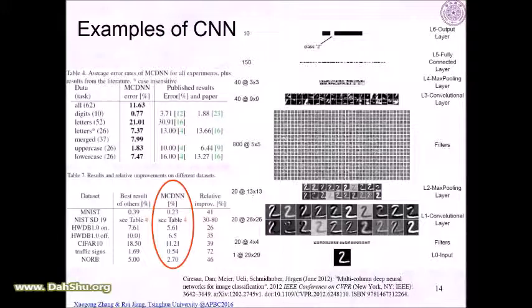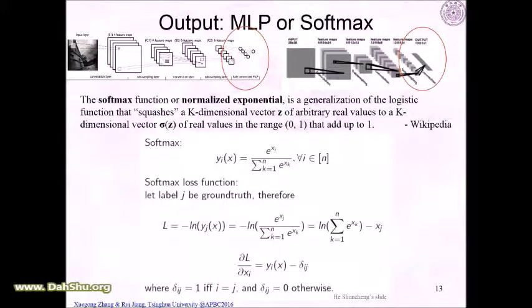This is what they did for the CNN. So the basic training algorithm is still the BP algorithm applied on this. There are some slight modifications because of the shared weights strategy, but the basic idea is the same.